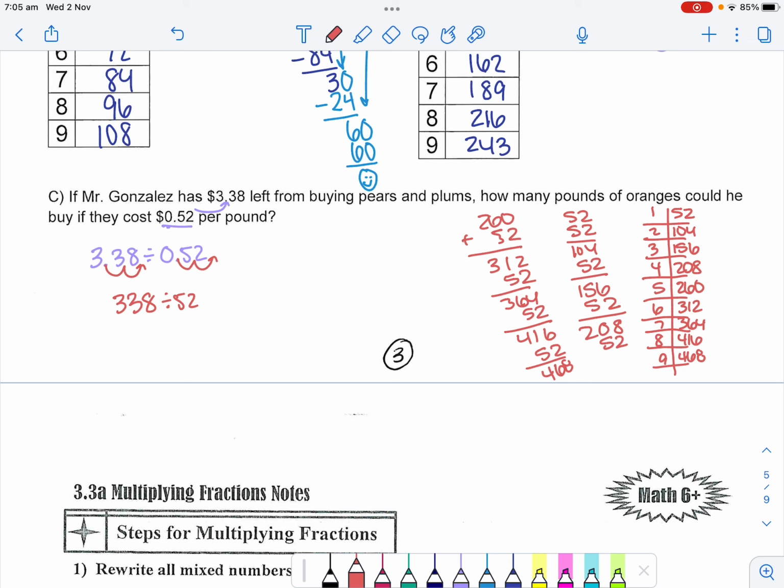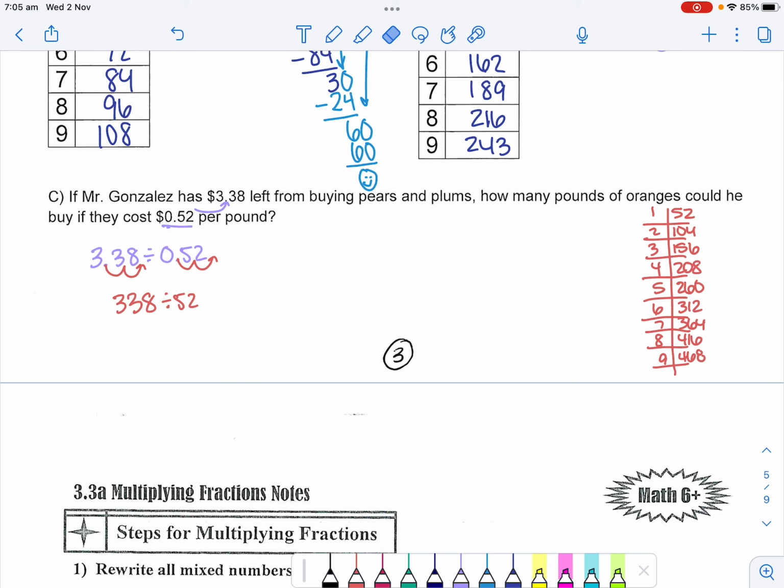So even when you're not given the chart, you can create one. And again, you want to make sure that those are correct. So I want to double, triple, quadruple check that my multiplication chart is correct before I start my division.